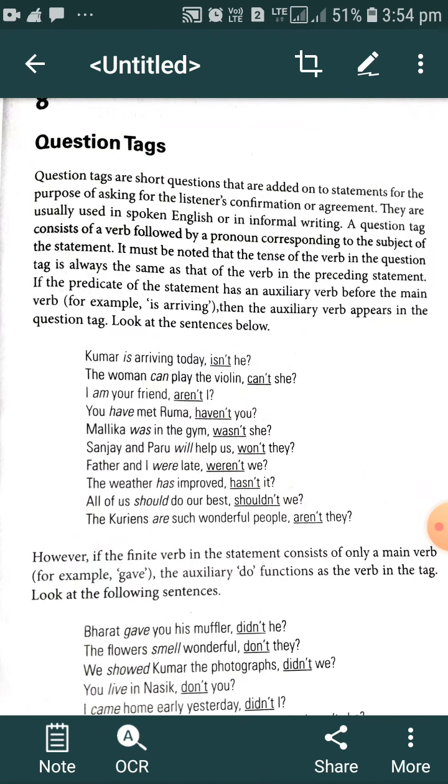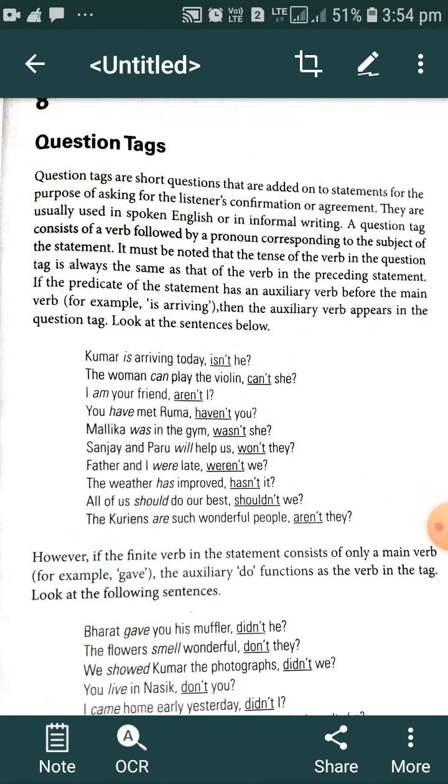We use this question tag only to get confirmation or agreement from the listener. It is generally used in spoken language, informal writing and spoken English.